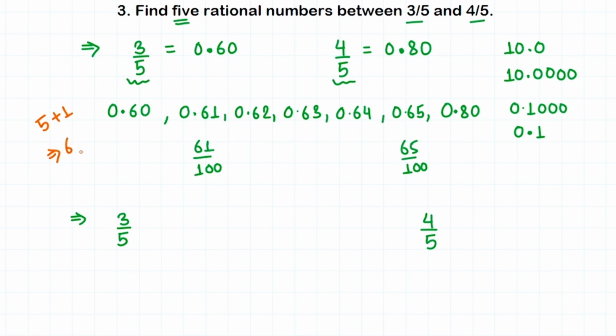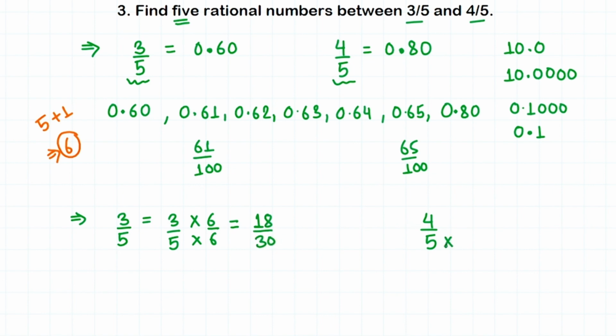And what you do is you multiply this number 6 in both the numerator and the denominator of our fractions, okay? So we have our 3 by 5. We can multiply both the numerator and the denominator of this 3 by 5 with 6, right? And it's going to give us equivalent fraction of this 3 by 5, which is 18 divided by 30.